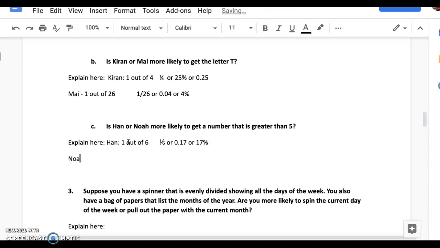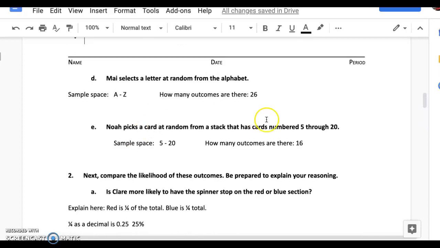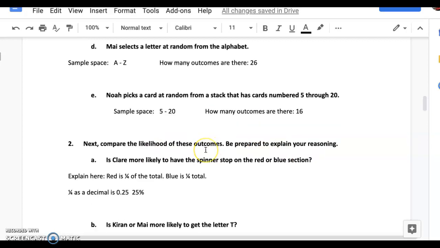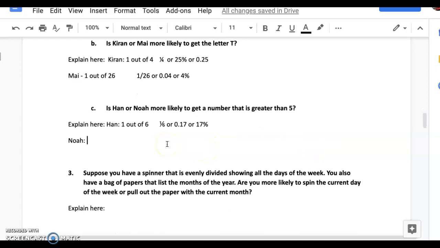For Noah, Noah had the cards, and if you take a look at that, there were 16 possible outcomes. Well, only 15 of those, because you cannot include the 5, 15 of those would be above 5. And so I would say 15 out of 16 would be greater than 5, as it says on here.